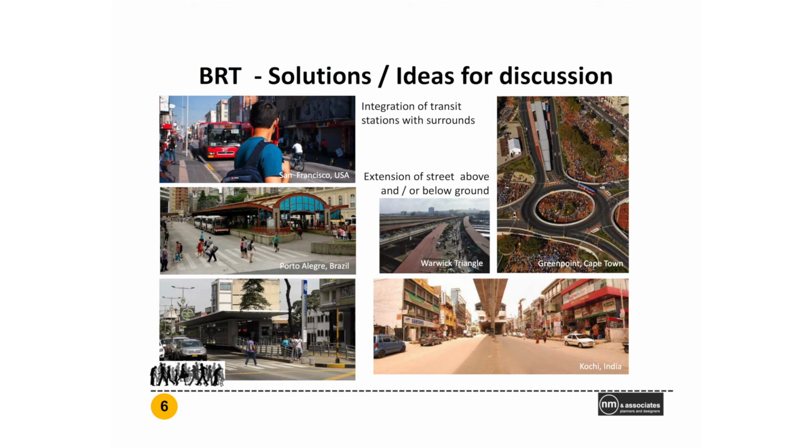I've been very anti-grade separation all this time, but I'm beginning to think that there might be a way of handling these barriers by grade separation. So you're putting a street on another level. The image below was of India, where that ground plane can continue to play a much finer grained activity role. And the Warwick Triangle is the reverse.